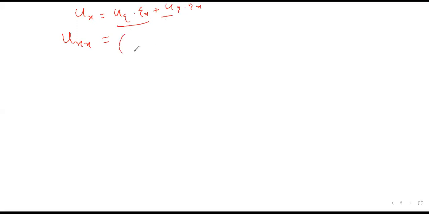So let's take the first term. u_ζ will be u_ζζ. So you just write the first line, I'm writing the second line, times ζ_x. For this one, the derivative of u_ζ will be u_ζζ times ζ_x.